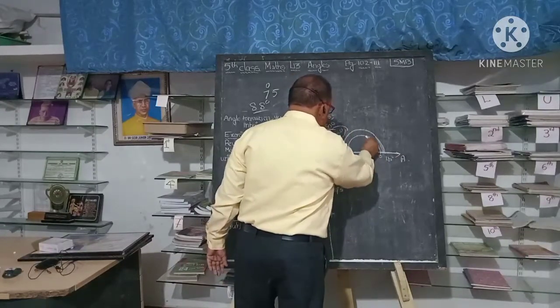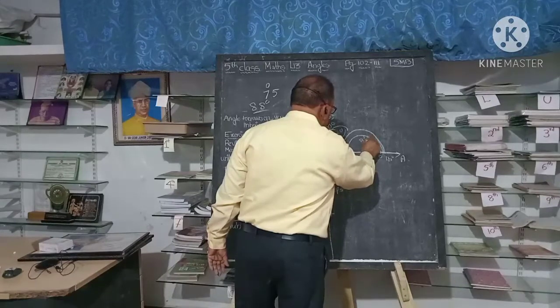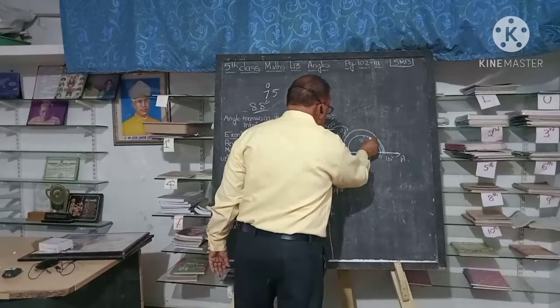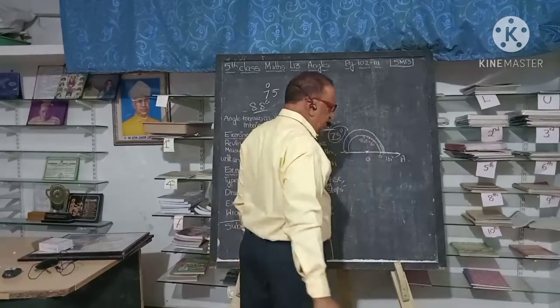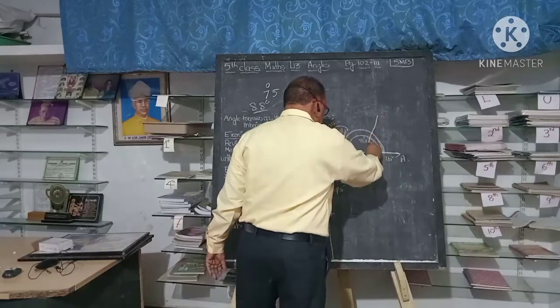This one is 90, somewhere here you may have 60, 70, 80. So 75 degrees is between 70 and 80. You mark the point, remove the protractor and then join these 2 points.